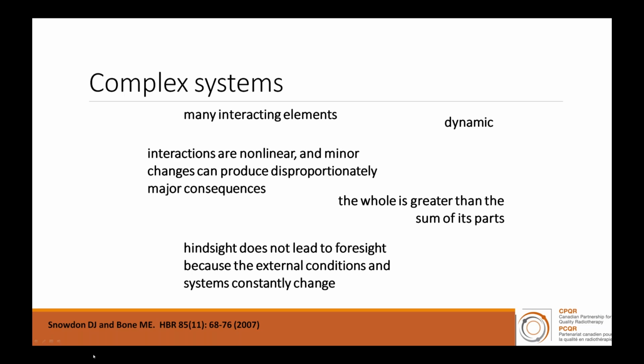The whole of the system is greater than the sum of its parts, and generally the past performance of a system does not allow us to predict how it will perform in the future, because external conditions and systems are constantly changing. So it's very difficult for any individual human to keep track of the entire system in which we all work.